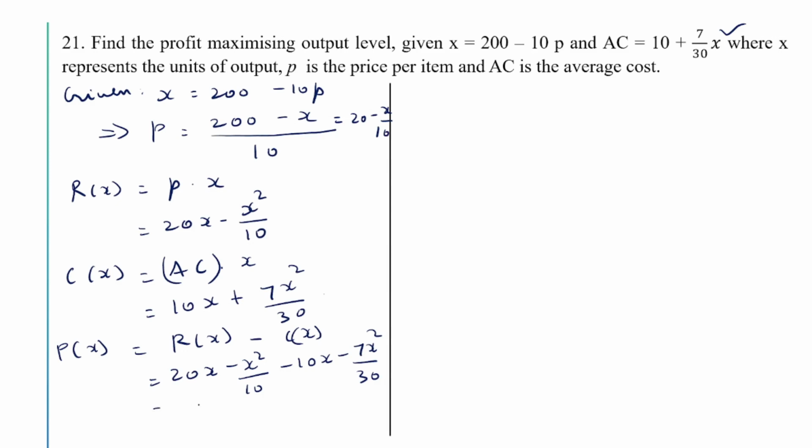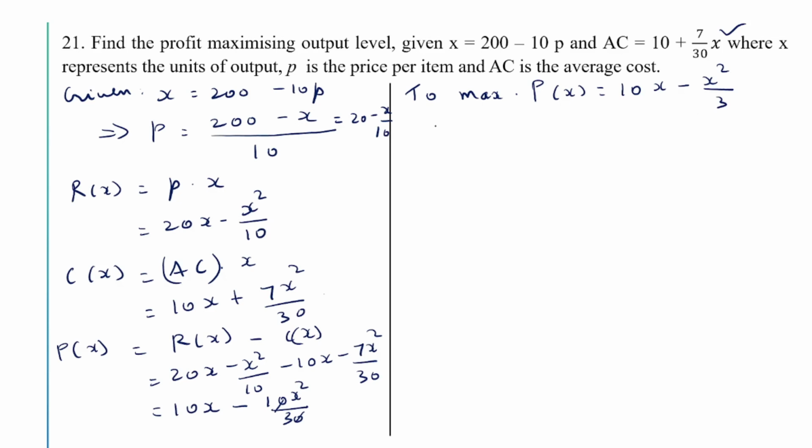So this is equal to 10x minus 10x square by 30. Now we have to maximize the profit. So to maximize, P of x is equal to 10x minus x square by 3.